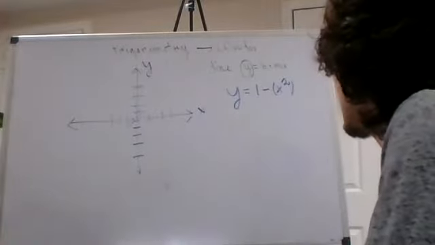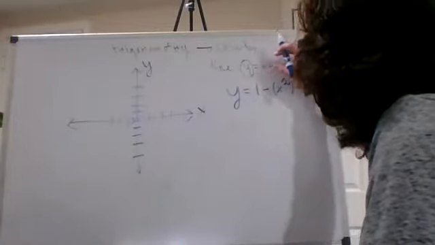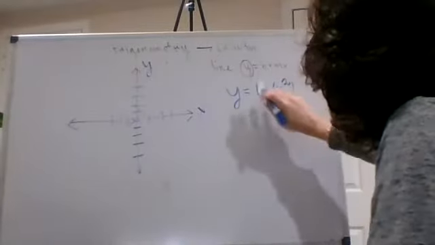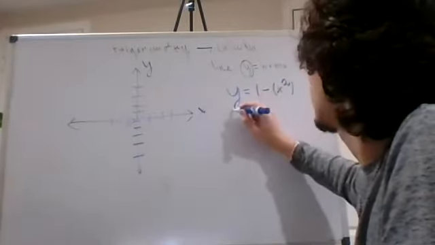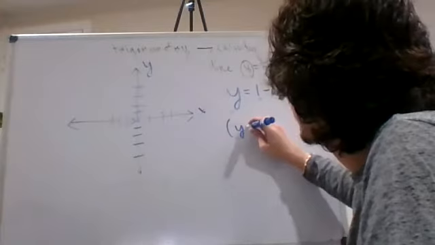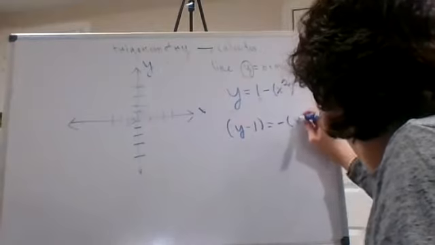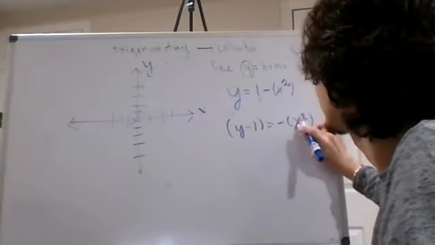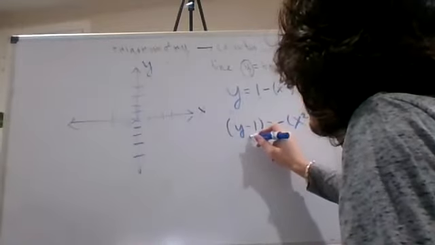What we can say is that similarly to our line, we see that the y-intercept is independent of the function, at least in terms of the line as it is here. Similarly, we can bring this number over to the y so that it is y minus 1 equals negative x squared. So this tells us that the y position is moved up 1.